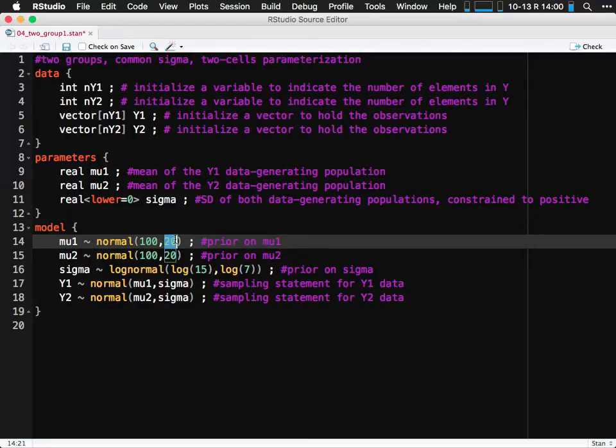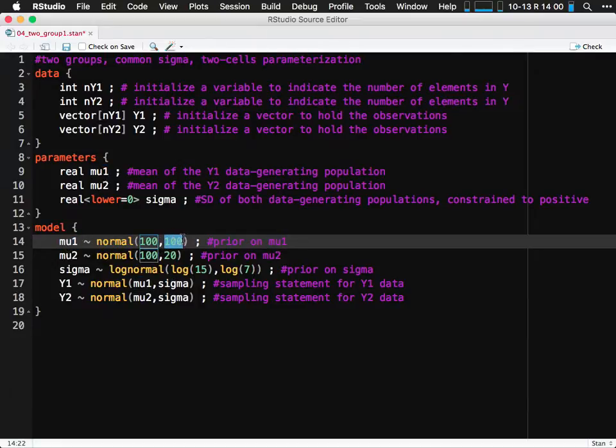If we wanted to be less certain about where mu is, then we just increase this number. Say we said it's around 100 plus or minus 100. That reflects it. Why don't we use those same parameters for the sigma? Well, because this is talking about how certain we are about where this value is; this whole thing talks about our credibility in different values for where this mean is.